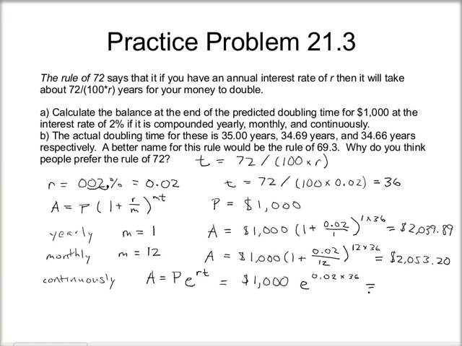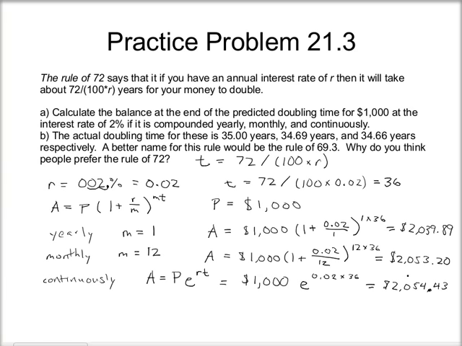If I put that in my calculator, that is going to give me $2,054.43. So these are all pretty close together and about double, so 36 years is about the doubling time for that.